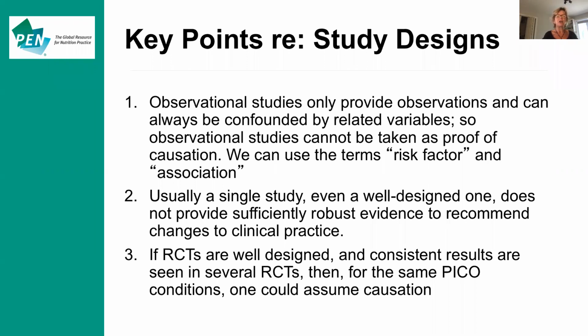So we can look at dietary factors as risk factors or associations, but we can't prove causation. And even a single study, even a well-designed one, doesn't provide enough evidence for us to change clinical practice. We wouldn't rate it as high quality evidence if we don't see it replicated in multiple studies.